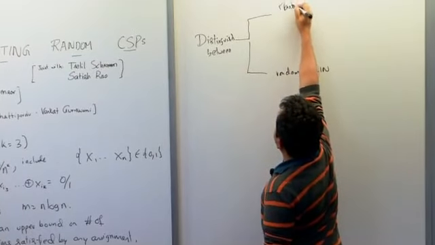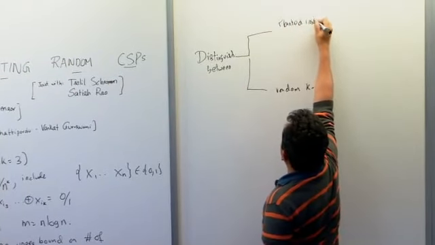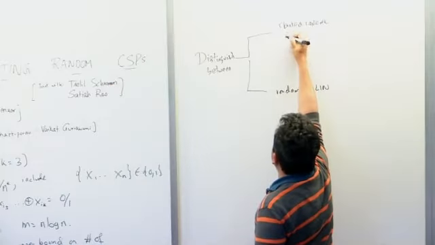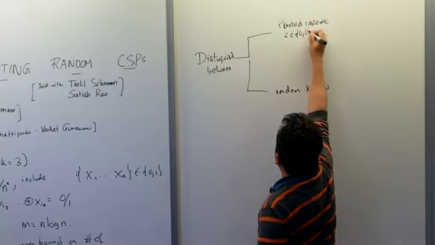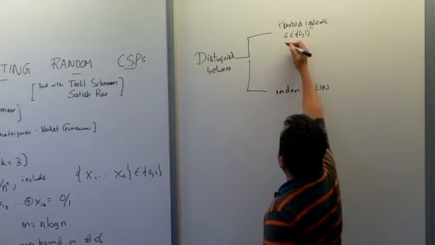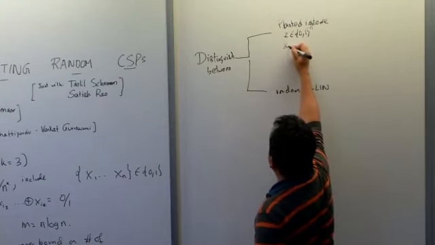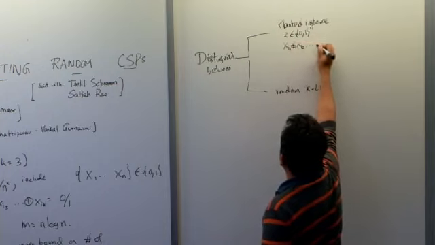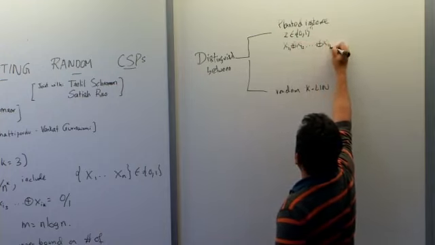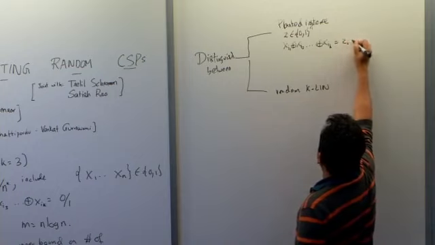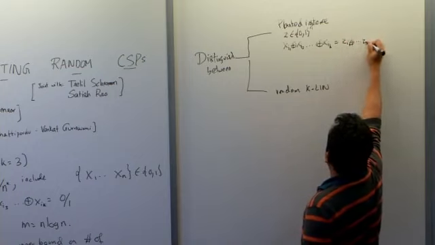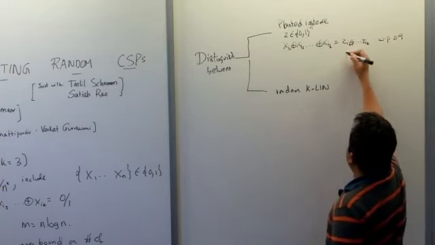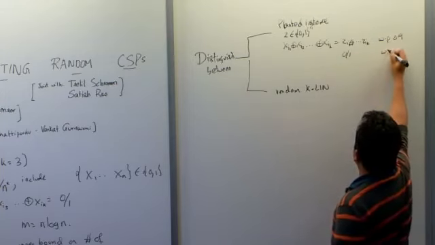A planted instance is obtained by fixing an assignment that you want to be the planted solution, and then each time you pick an equation, you make the equation consistent with this assignment with probability 0.9 and a random bit with the remaining probability.